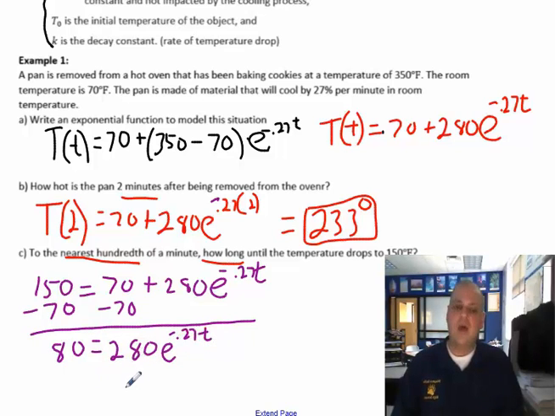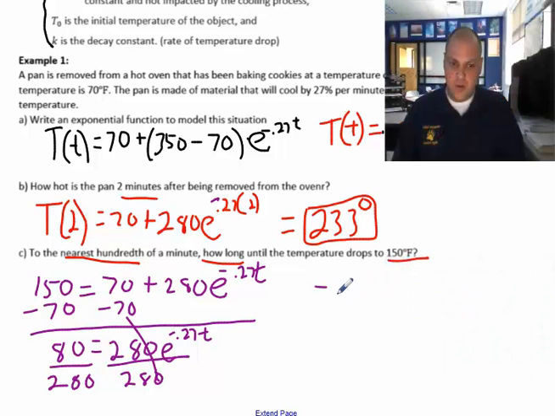Okay, so now it looks kind of like what we've done before. Where remember how we want our investment to triple, our investment to double, and then you'd have to divide it out. Same thing now. Divide out that 280. Okay, so we're going to have 80 over 280.